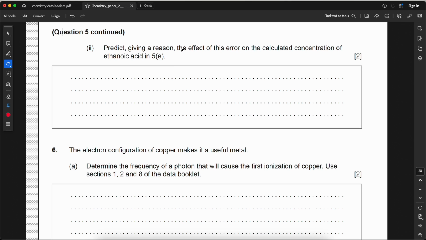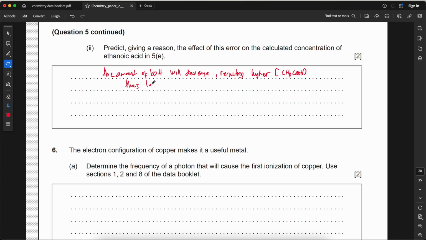Predict, giving a reason, the effect of this error on the calculated concentration of ethanoic acid. Because potassium hydroxide solution can react with carbon dioxide from the air if you make it 1 day before, the amount of potassium hydroxide will decrease, resulting in a higher concentration of CH3COOH, right?